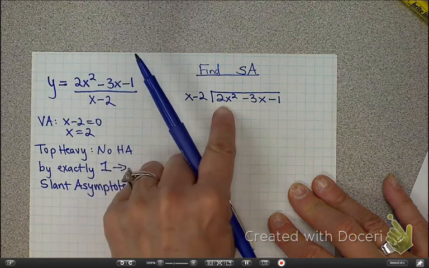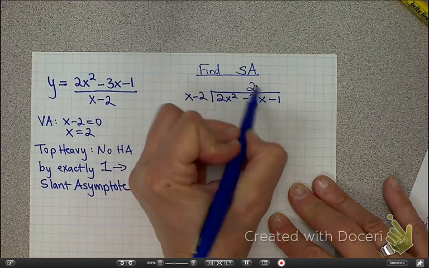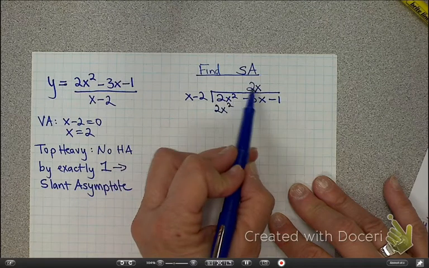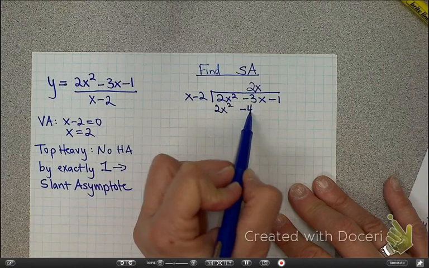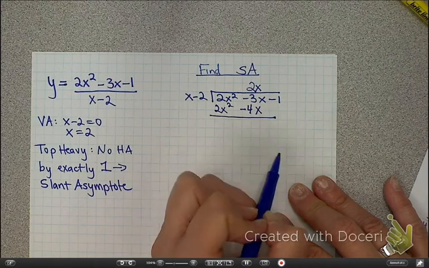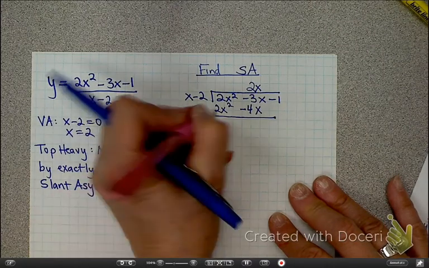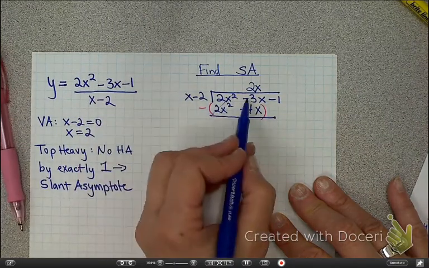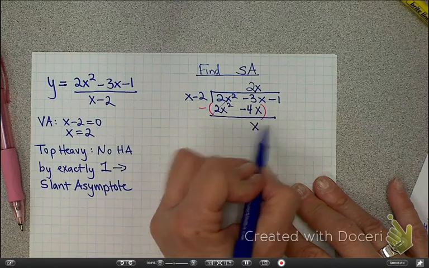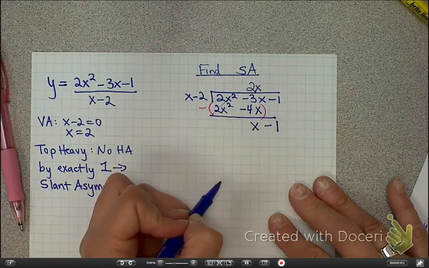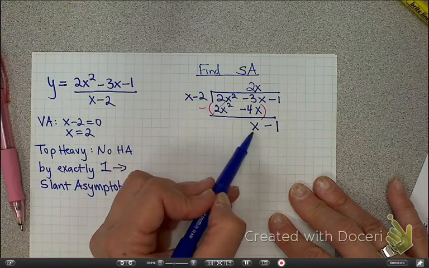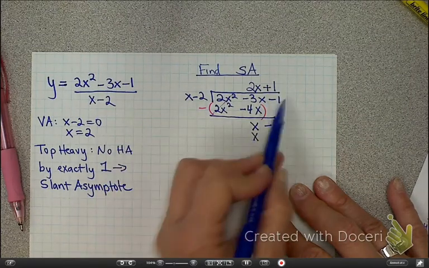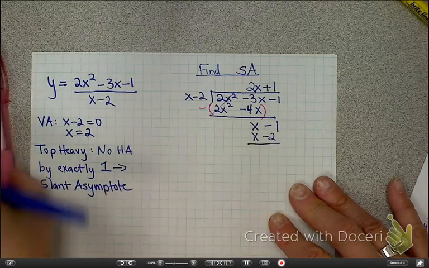Okay, so x goes into 2x squared 2x times. Multiplying that out, that's 2x squared, and then 2x times negative 2 is negative 4x. Remember, we are going to subtract. So this cancels out, and you get negative 3 plus 4 is x, and I bring down the minus 1, and then start all over again. So x goes into x one time, multiply it out, and then subtract.